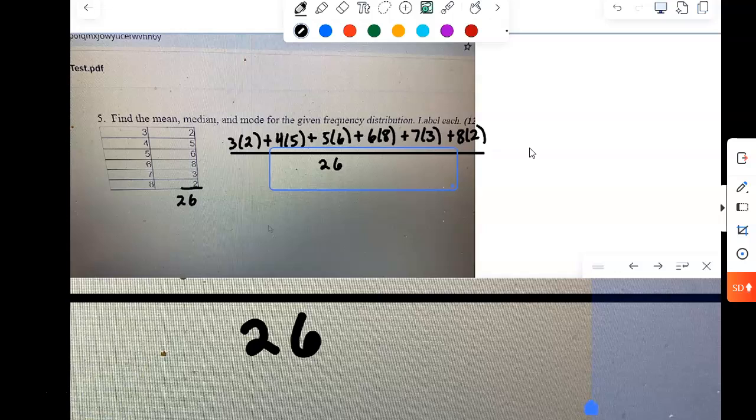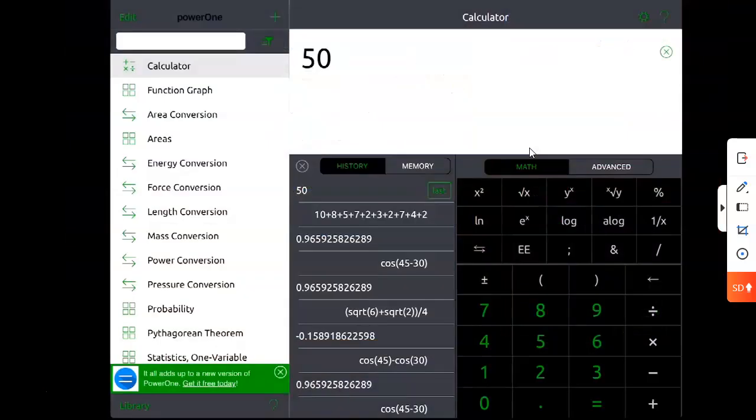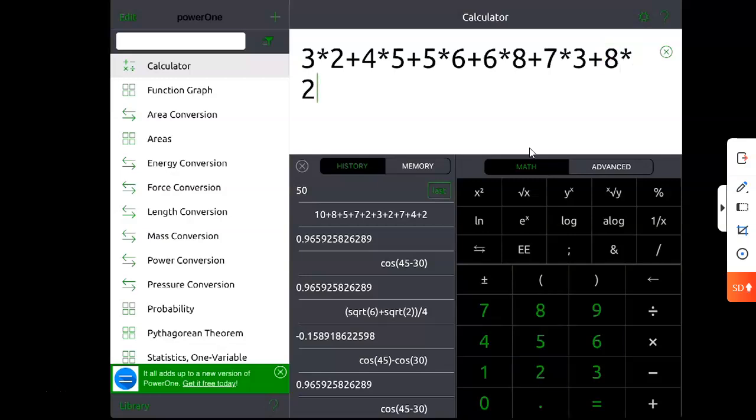Okay. And again, that's just going to be a quick thing that we can do on a calculator. 3 times 2 plus 4 times 5 plus 5 times 6 plus 6 times 8 plus 7 times 3 plus 8 times 2.